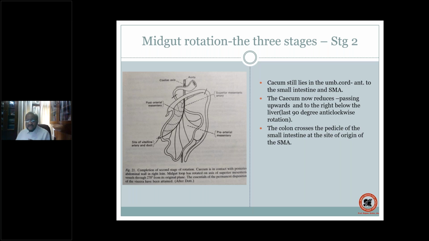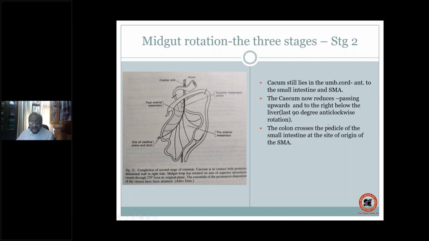Now, the cecum still lies in the umbilical cord, so this is retracting back, and the cecum now reduces, passing upwards and to the right. See, all the small bowel was going behind the superior mesenteric artery, but the cecum is now going to go up and to the right.